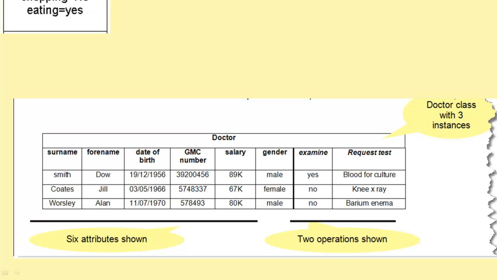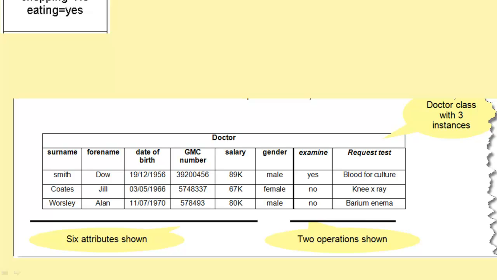So here we have a doctor class, and we've got three instances of doctor. The attributes for the doctor class are surname, forename, date of birth, GMC number, salary and gender. We can see the surnames are Smith, Coates and Worsley, and then we've got two operations also defined for those three instances of the doctor class.